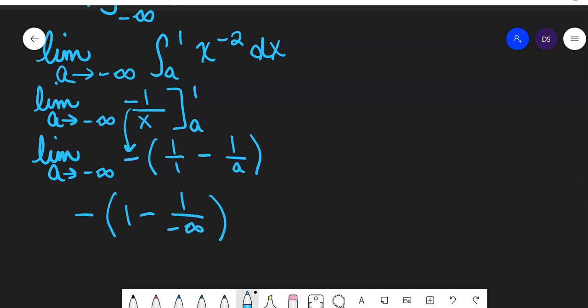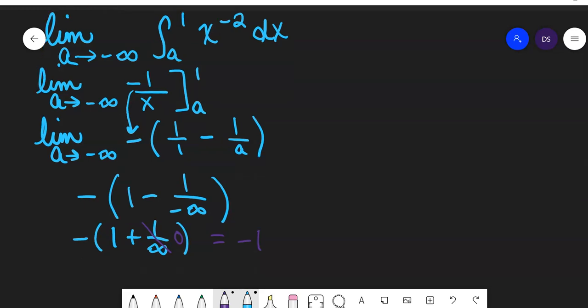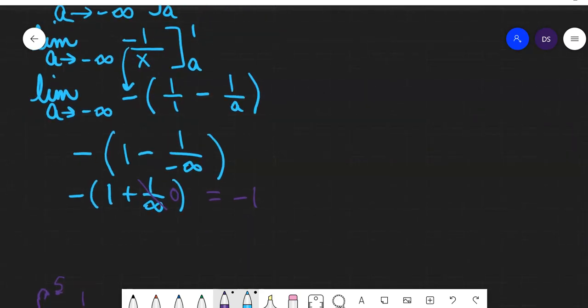And yes, this will become positive. But 1 over either infinity will approach 0. So that means the answer to this limit is negative 1. And since we were able to get a finite answer, this integral, we would say, converges. The answer to our integral would be negative 1, but again, we would say that that integral converges.